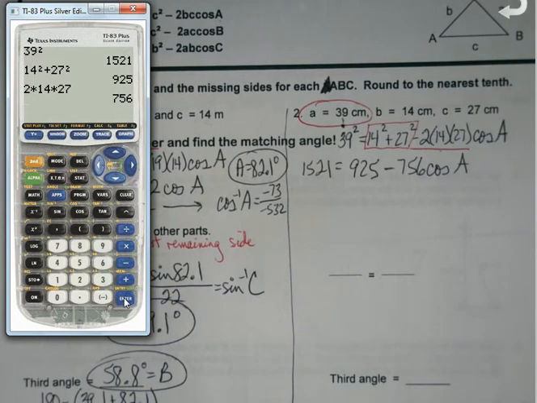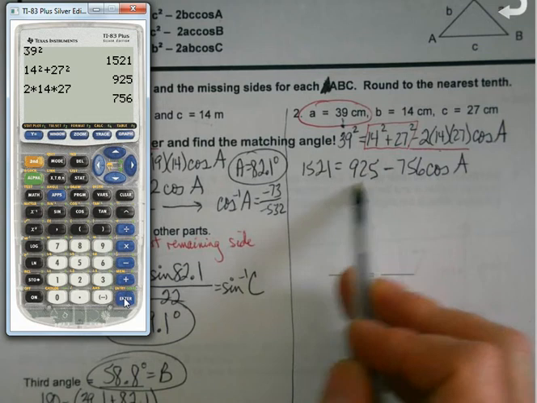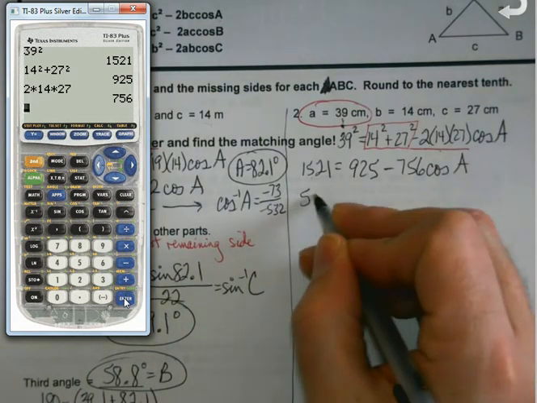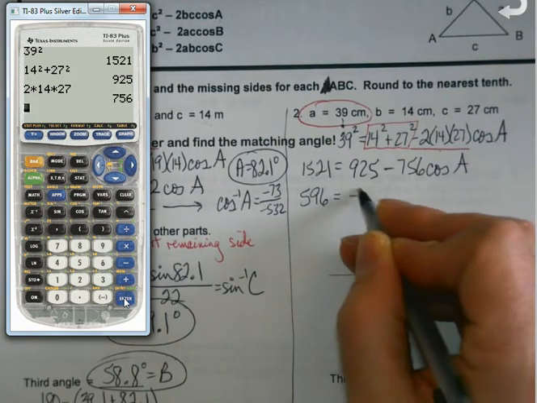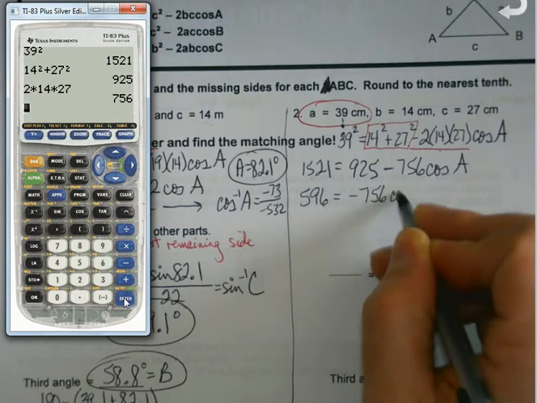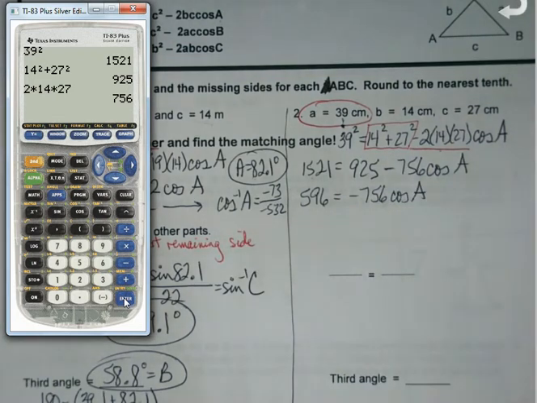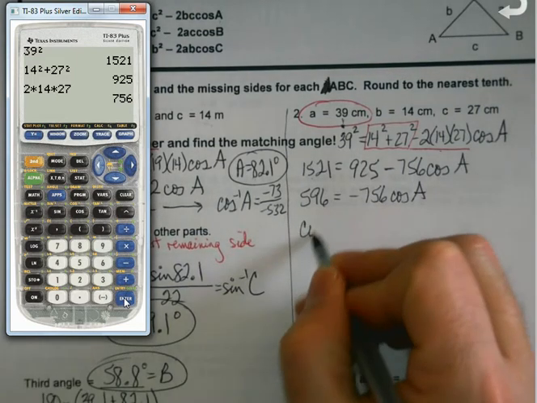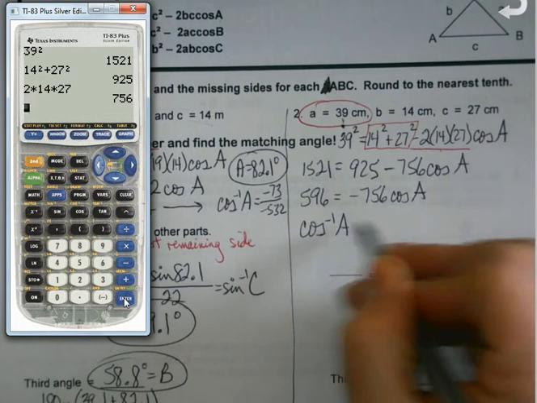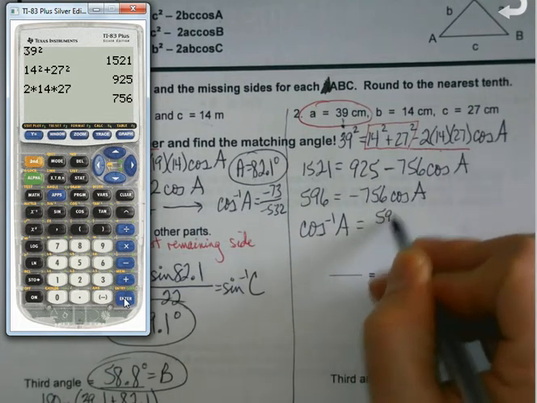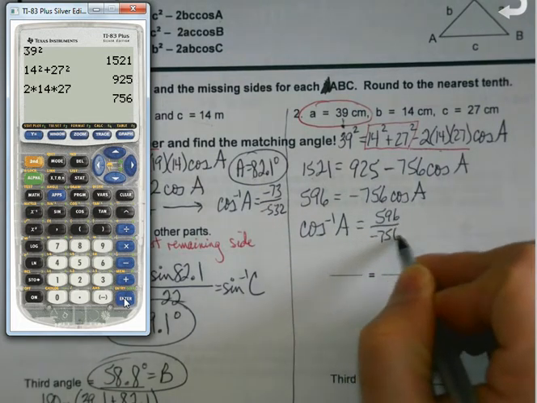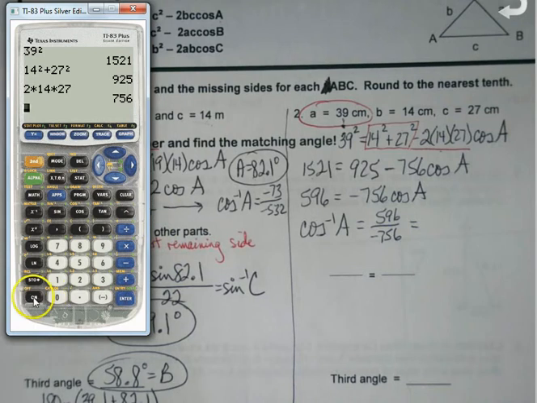So once I've cleaned up my bits and pieces and gotten things simplified, I'm going to subtract that 925 over. And then I'm going to divide by the coefficient of cosine A, which is negative 756. So, to find my angle, I'm going to do 596 divided by negative 756, and then use my second with that function.